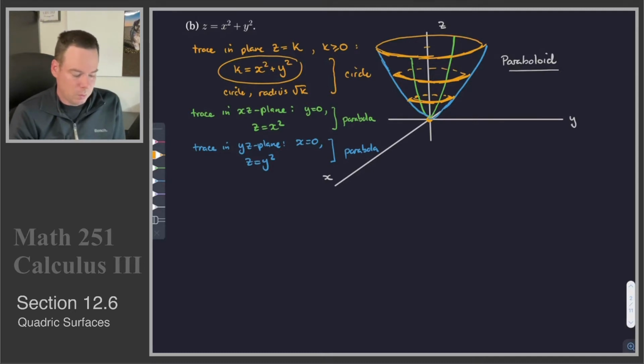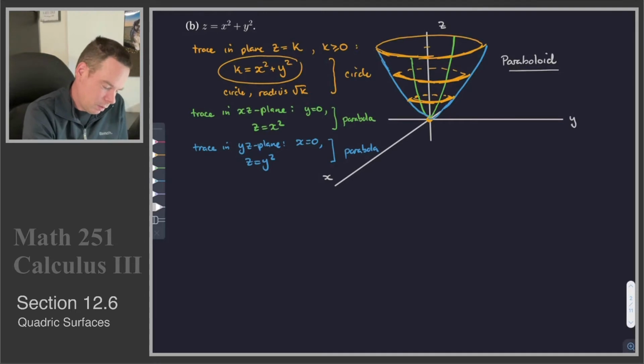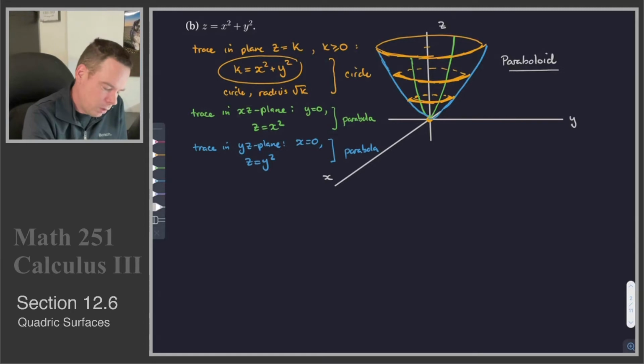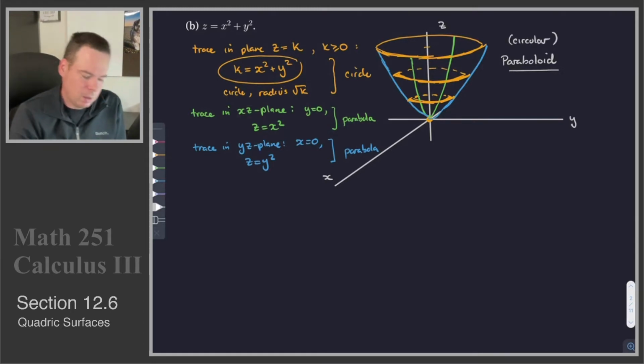So in some sense, this is dominated by parabolas. Of the three different directions we can look at these traces, two of them were parabolas, and the other one was a circle. So we could call this a circular paraboloid. The dominant feature is the parabolas. They make up two of those directions, but the other direction was made up by these circles. The traces were these circles.